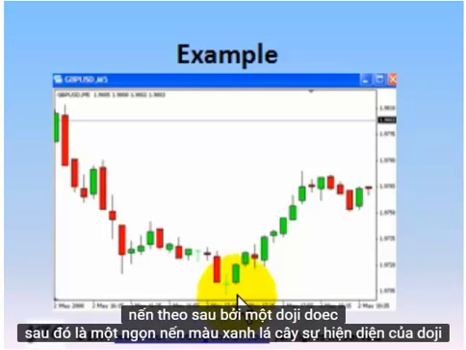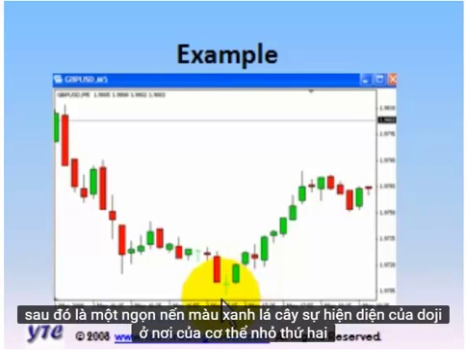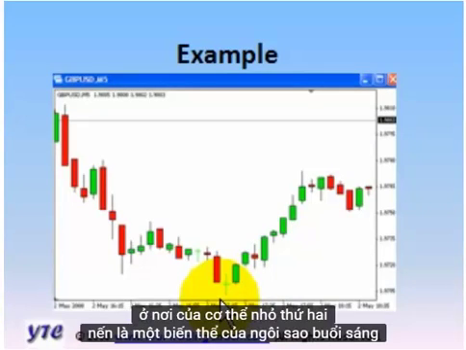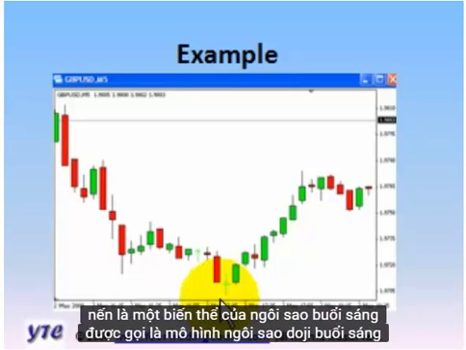Indecision, then a green candle. The presence of doji in the place of the second small body candle is a variant of the morning star called a morning doji star pattern.